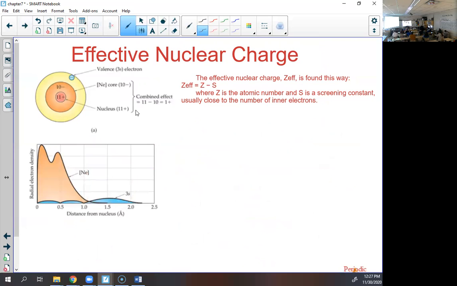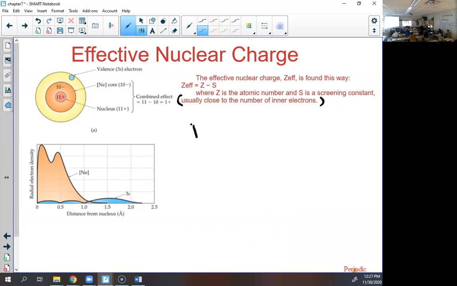Zeff is equal to Z minus S. Z is the atomic number, and S is the screening constant, usually close to the number of inner electrons. We will pretty much ride that train, that it is the number of inner electrons. So it's pretty simple.